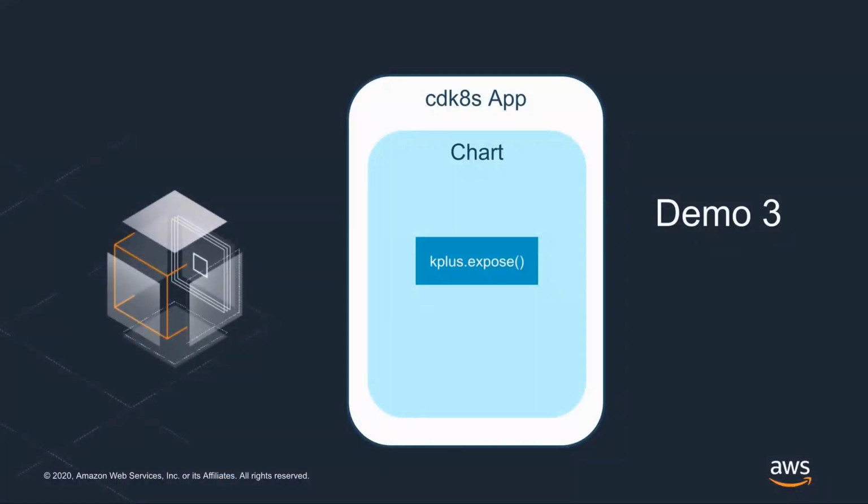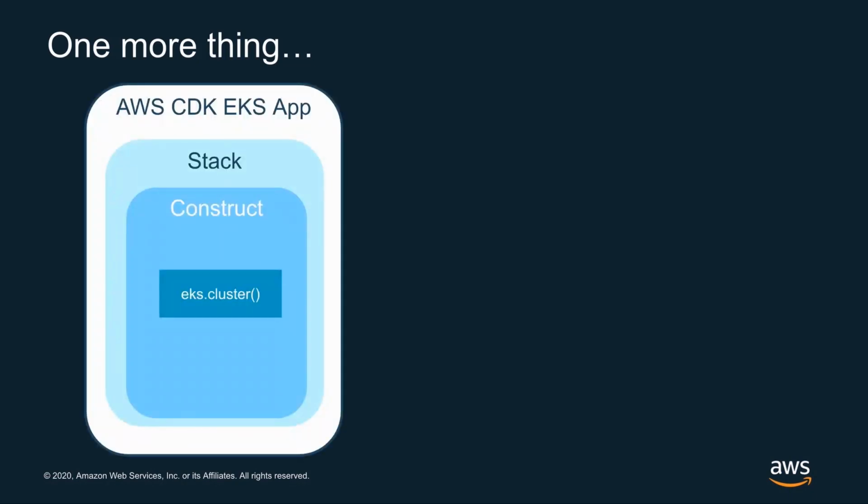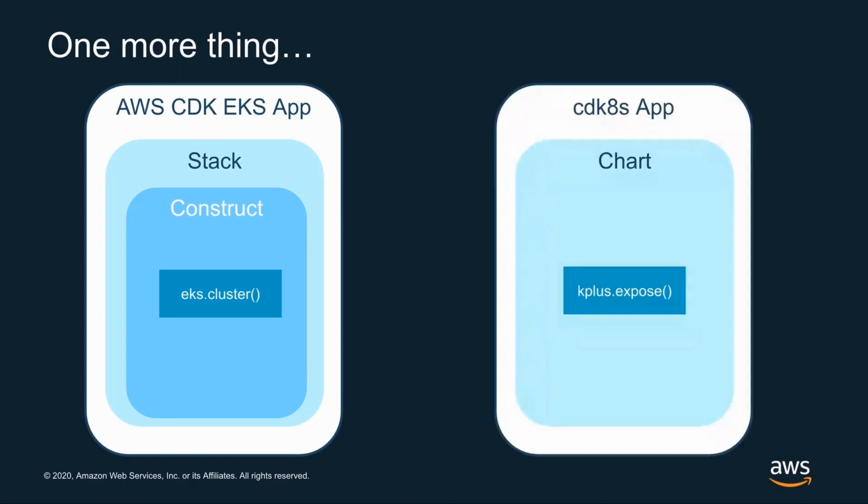Okay, so now using what we have, we created a CDK EKS app, which helped us create an EKS cluster using the EKS library. But then separately, we created a CDK8s app, which using CDK8s Plus, we created a service deployment, a service which is exposed on port 80.